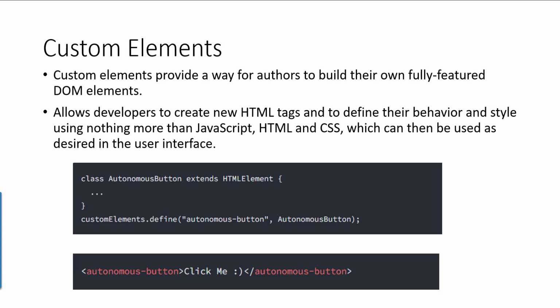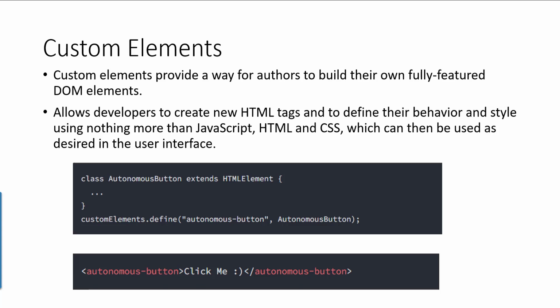And finally, you need to define the custom element with a name. So use the custom elements dot define method, specify the name of the custom element that you want to use, and the name of the class that you have defined. Then you can use the custom element like any other HTML tag inside your HTML page.